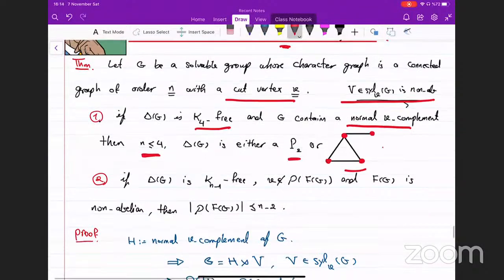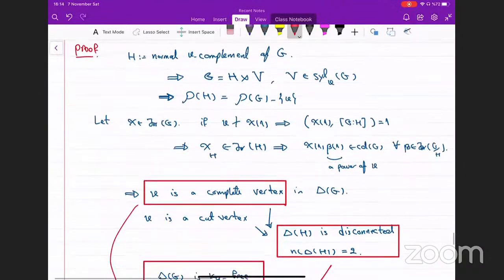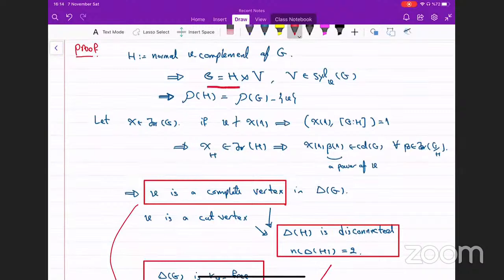Okay, now, why do I have such a property? Because when I have a normal V complement, I can write G as a semi-direct product of H and V. V is the Sylow subgroup of G, which was non-abelian, and H was the normal V complement.